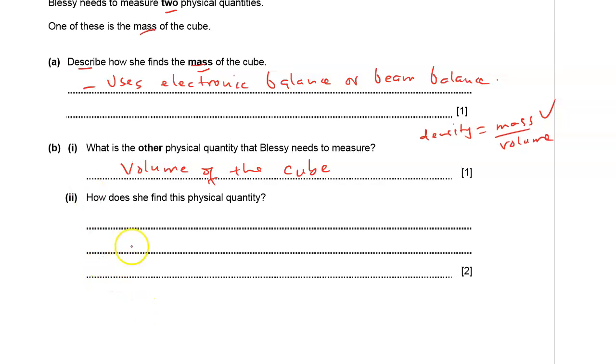So she needs to measure the height, the width, and the breadth of the cube, and then use the equation volume is equal to... She needs to measure the sides of the cube using a ruler.